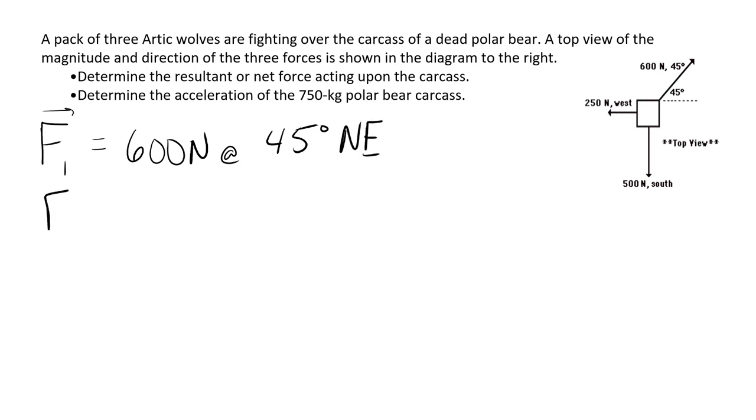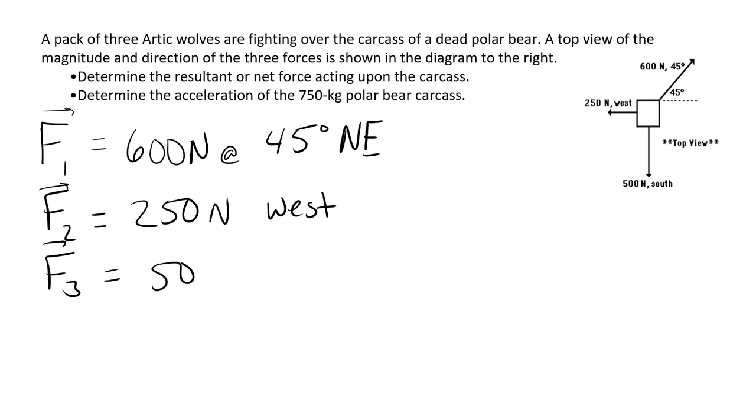And force 2 is going to be equal to 250 newtons west. Force 3 is going to be 500 newtons south. All right, so these are all the force vectors pulling on this object.